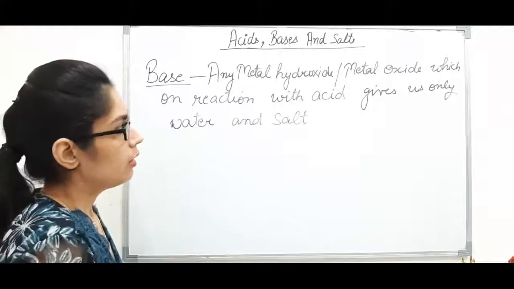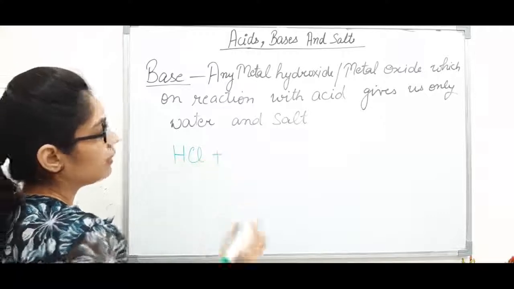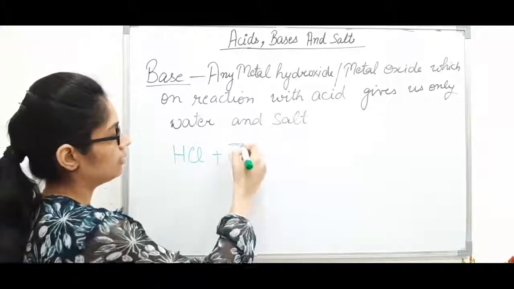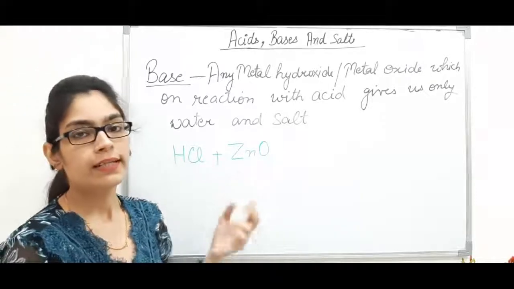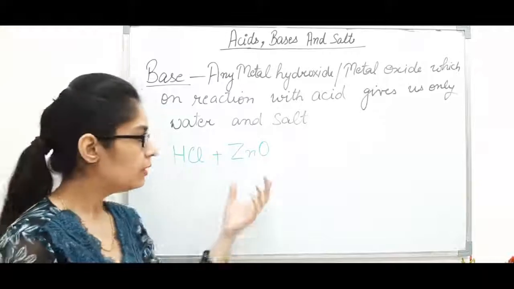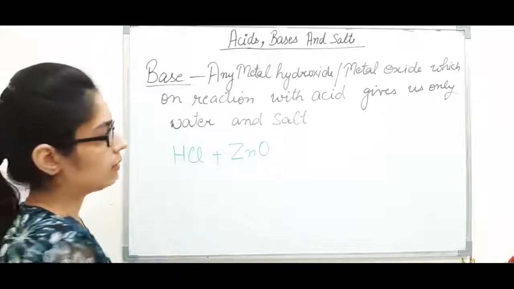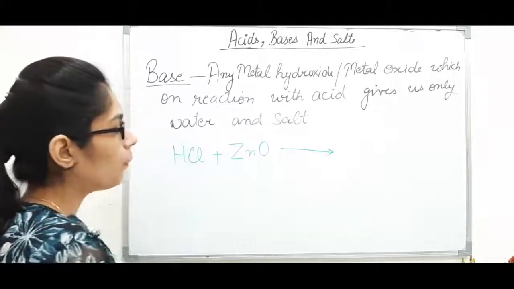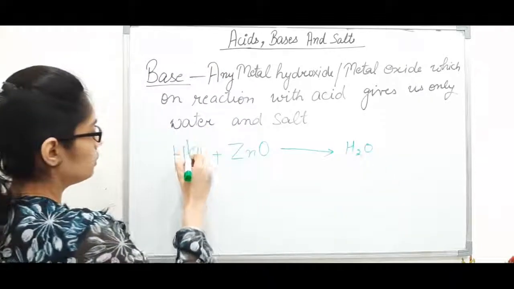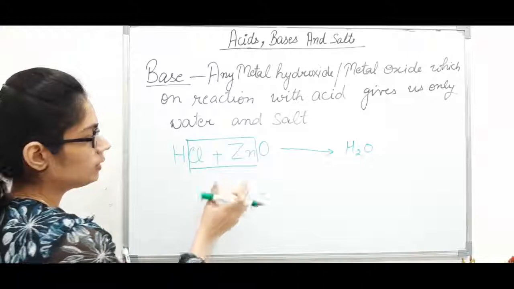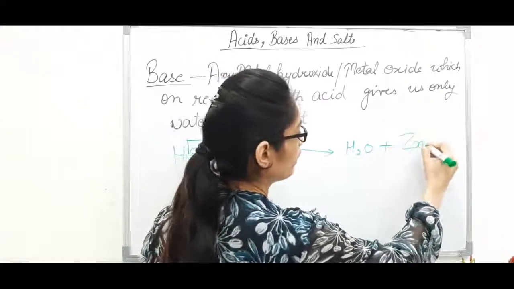Let us take one acid, HCl, and one metal oxide. We will take zinc oxide. Now we have not decided whether zinc oxide is a base or not. We are just taking it as a metal oxide, and we are reacting it with acid. The products I am getting are water and a salt, zinc chloride.